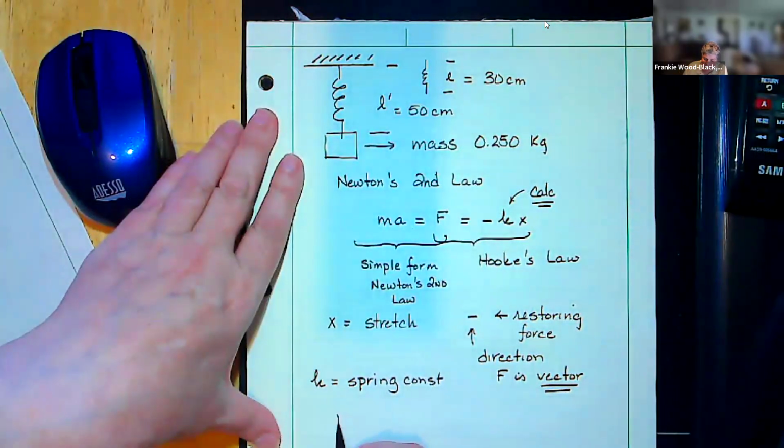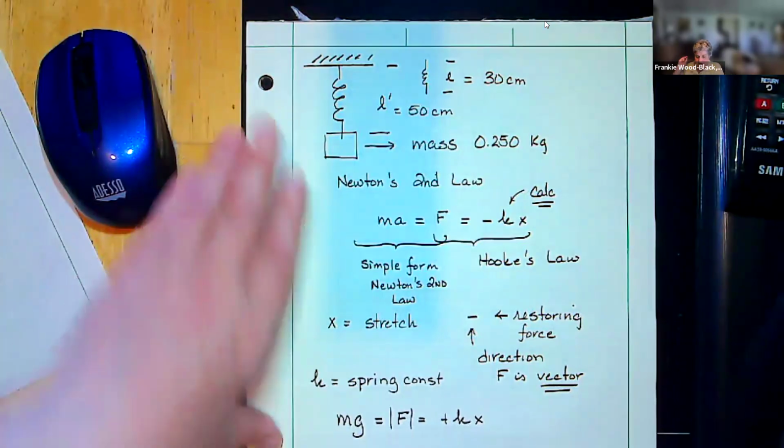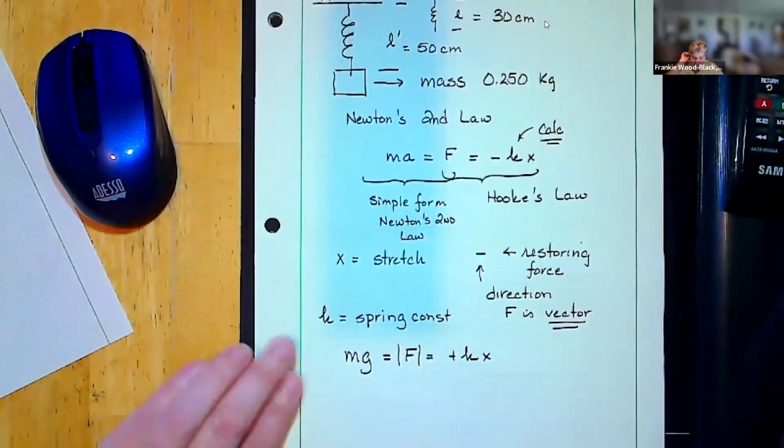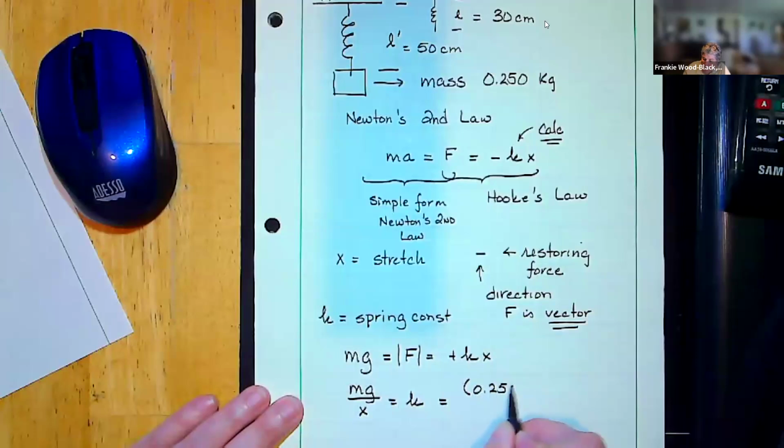And so we said, all right, we get mg is equal to our force, which is equal to our minus kx, but we're going to do magnitude, so I don't have to worry about the negative. I'm solving for k, so I get mg divided by x is going to give me k. My mass was 0.250 kilograms.